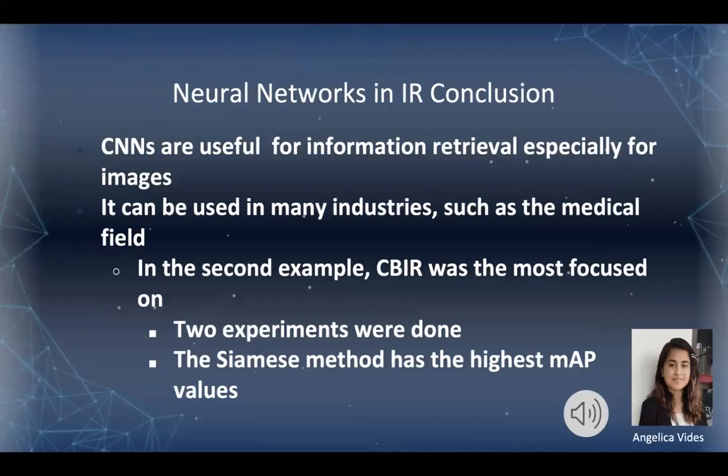CNNs are useful for information retrieval, especially for images. They can be used in many industries, such as the medical field. The second example focuses on the research paper, Medical Image Retrieval based on Convolutional Neural Network and Supervised Hashing, which focused mostly on CBIR, which is content-based image retrieval.